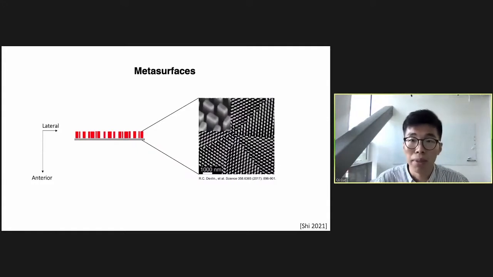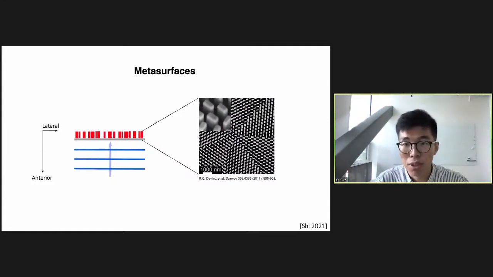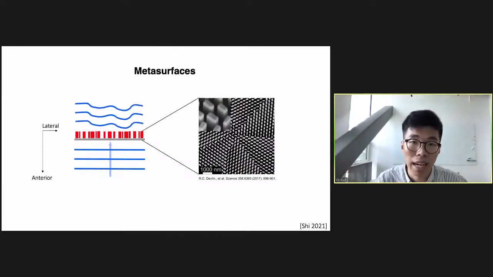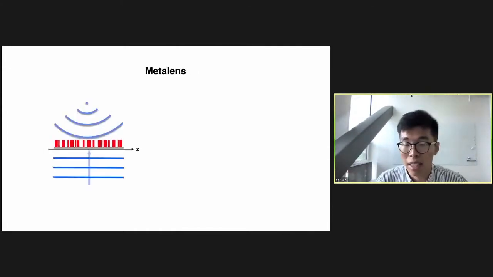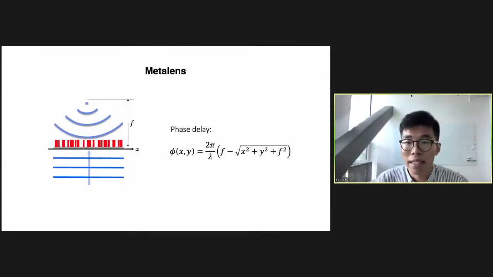By designing an array of such nanostructures, the electromagnetic field that passes through the metasurface can be modulated to the desired wavefront. We can design the metasurface to be a focusing lens, or metalens, by designing the nanostructure array so that the phase delay added to the wavefront is quadratic.